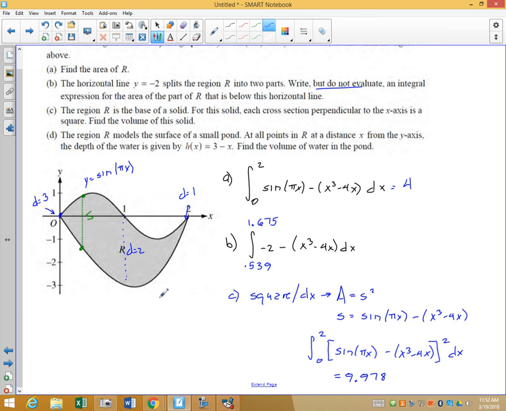Let's imagine this pond is frozen. If I were at any point, like right here in the middle where we said the depth is 2, that depth of 2 is consistent the whole time, right? So if I were to freeze this pond and cut out a little sliver like that and pull it out and look at it, do you have any idea what shape that would be?